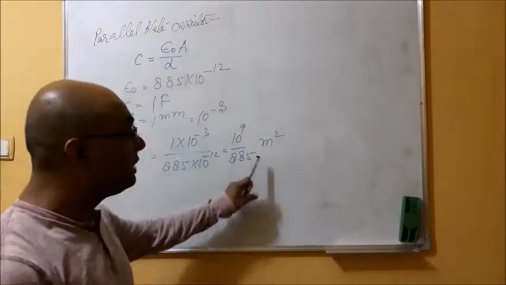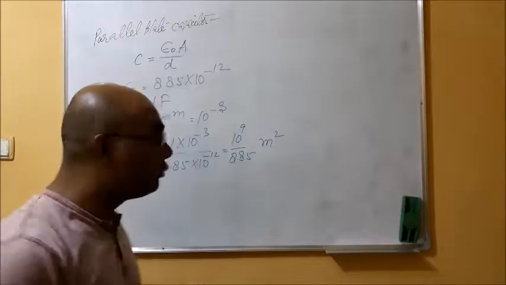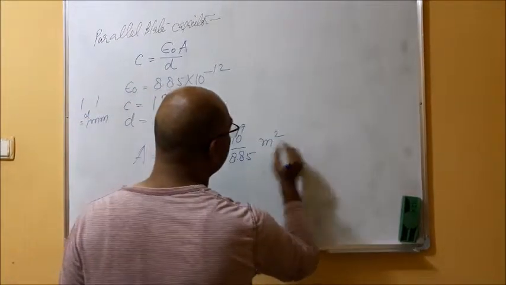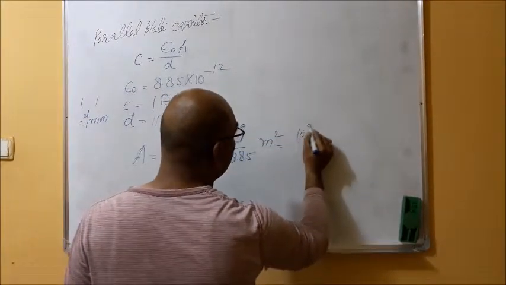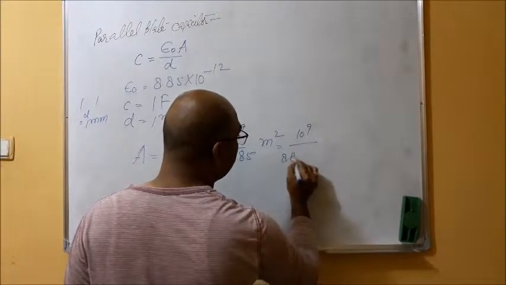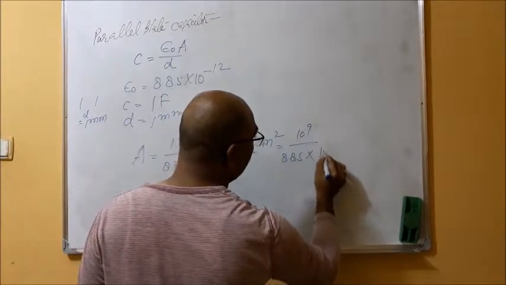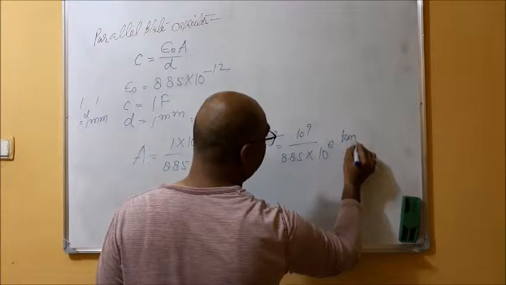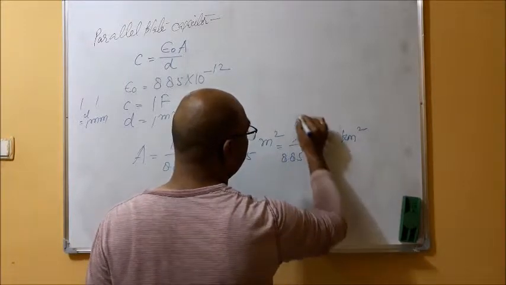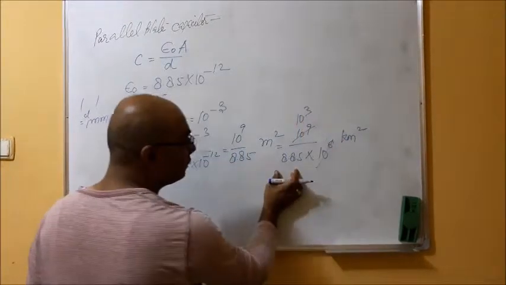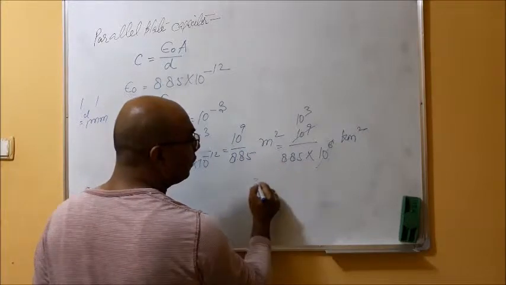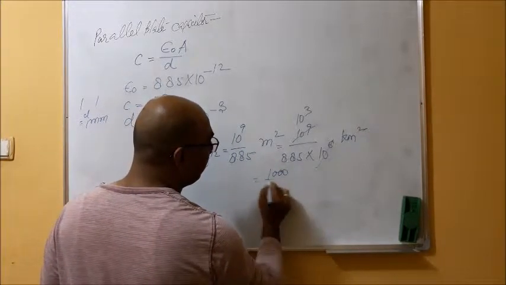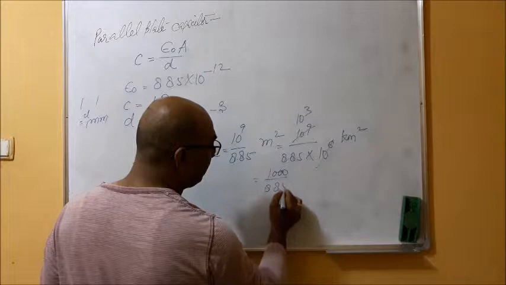Okay, you know 1 kilometer is 1000 meter, so I can write this as 10 to the power 9 upon 8.85 into 10 to the power 6 kilometer square, that is 1000 divided by 8.85.